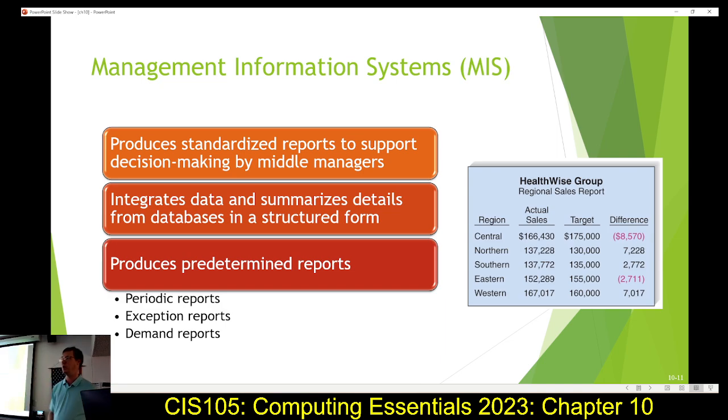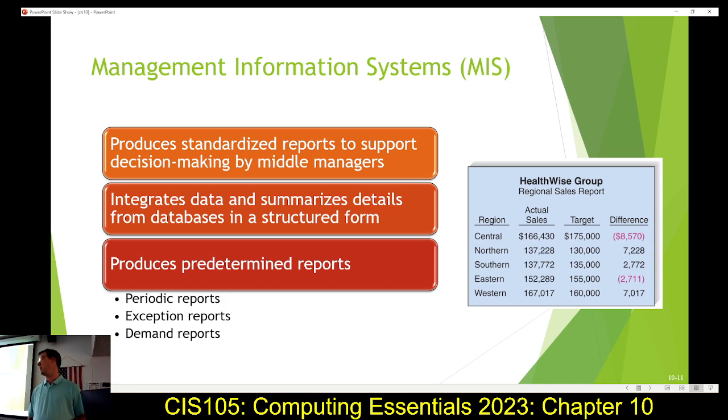So some of these reports are what we call periodic reports. They're run weekly, monthly, quarterly, bi-weekly, hourly. Some like to run reports every hour, every shift. That's a periodic report. Exception reports, when you hear the word exception, usually these are reports that show massive variances.